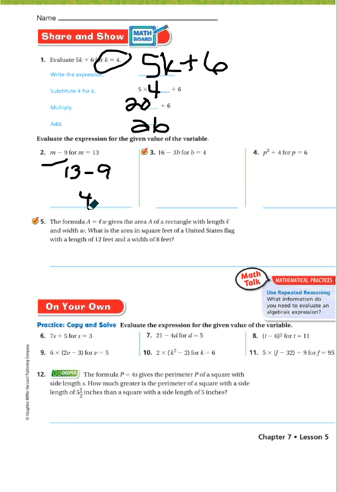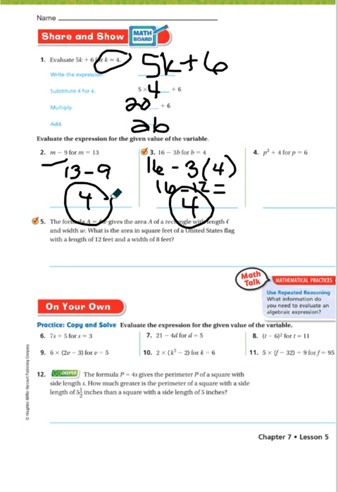Area equals length is 12, 12 times width is 8. And then we're going to do 12 times 8. 8 times 2 is 16. Carry the 1. 8 times 1 is 8 plus 1 more is 9. So we have 96. So A equals 96, and then we are going to label it square feet.